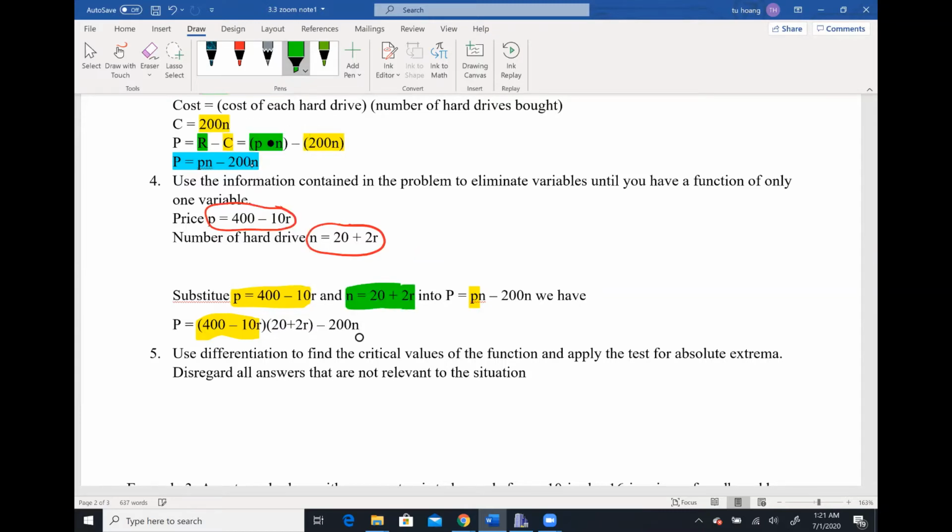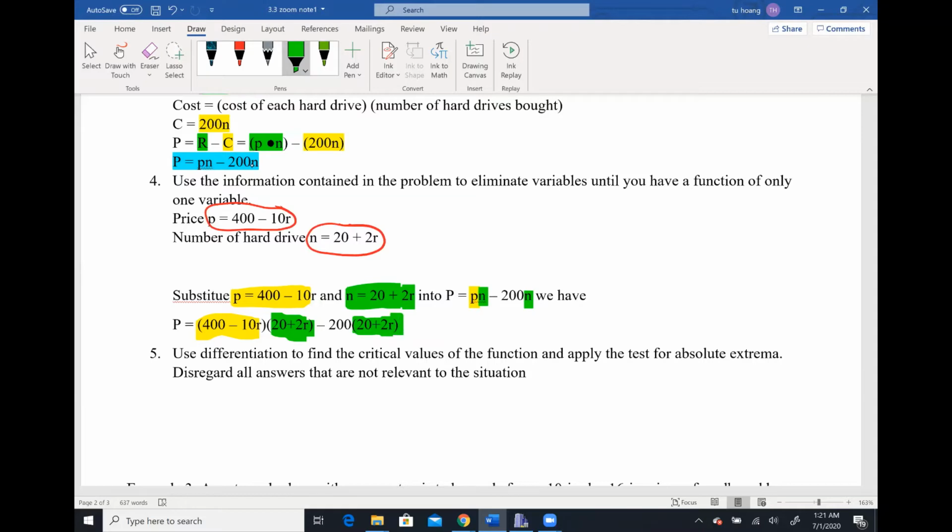N here. So I have N here, N here, right? Oh, I should also change this N, right? And it should be 20 plus 2R. Okay, and I'm going to label this.